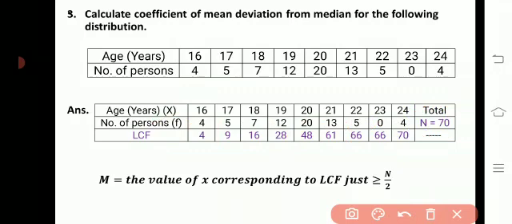After that we have the formula to calculate median for the discrete frequency distribution, that is median is equal to the value of x corresponding to the LCF which is just greater than or equal to n divided by 2.